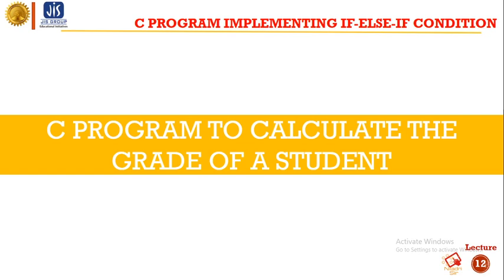So now we'll discuss a C program to calculate the grading system of a student. Suppose the logic is, if the student's number is 80 or more than 80, then we say it is star marks. If the number is between 60 and 79, then it is first division.